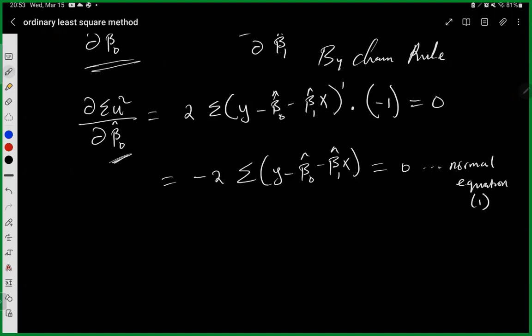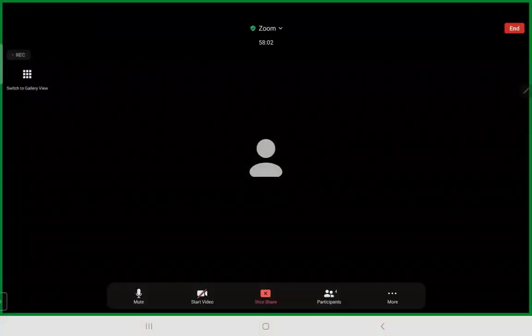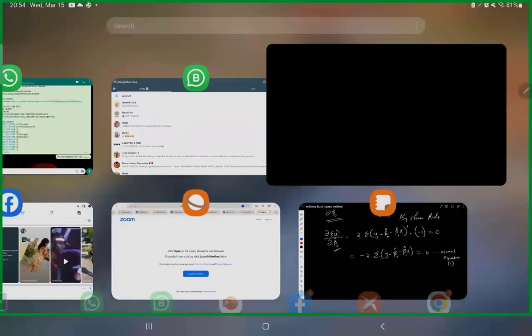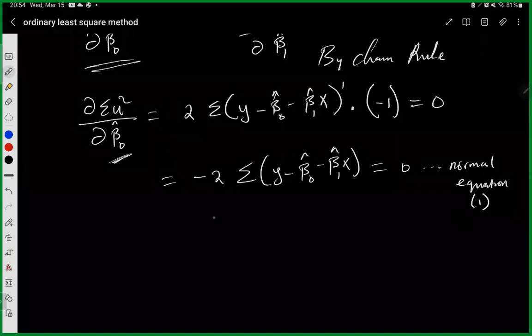Right, so are we together? Yes. Okay. So from this point, what we just do is divide both sides, left-hand side and right-hand side, by -2.